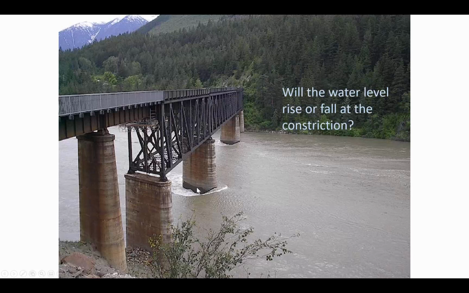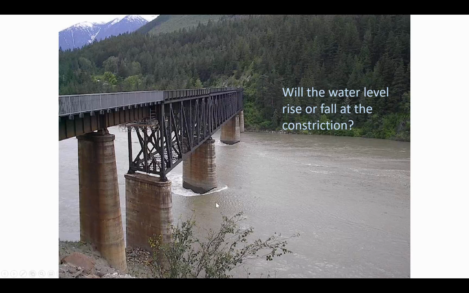So the question we face in a situation like this is, how is the water going to behave when a channel is constricted because of a reduction of its width? Maybe we're making the channel narrower in a physical sense, or maybe there's some obstruction taking up some of the flow width. We're going to go through the specific energy analysis to address this question: does the water go up or does the water go down?